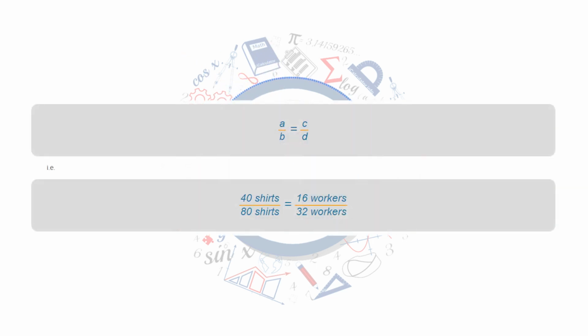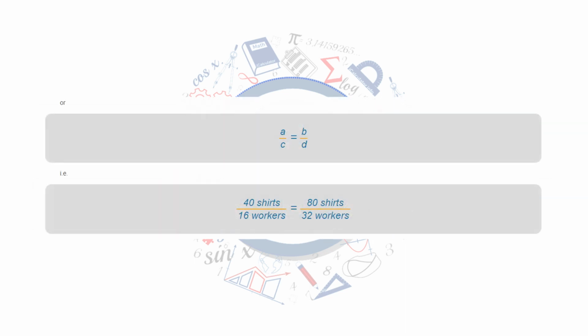Hence, the two methods of expressing this proportion are as shown on screen. From the two previous methods, we know that A and B can switch their position as well as C and D, and still the proportion is valid.